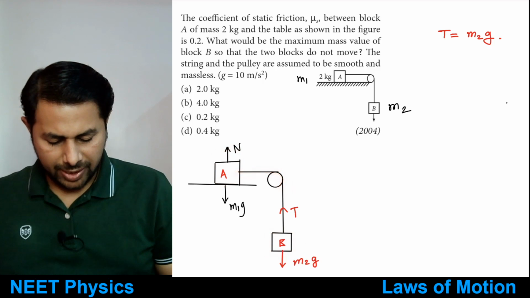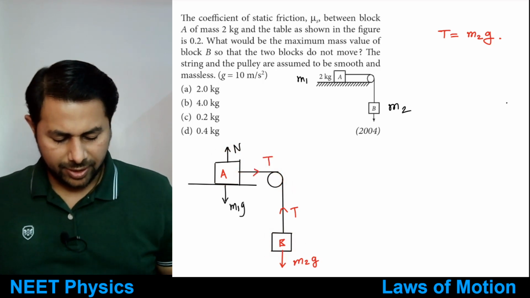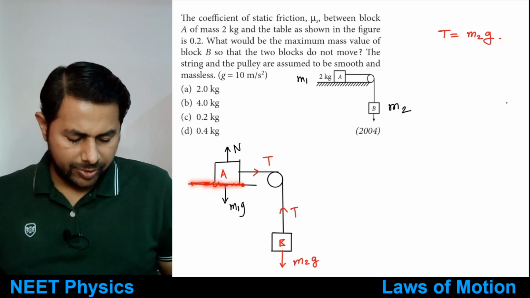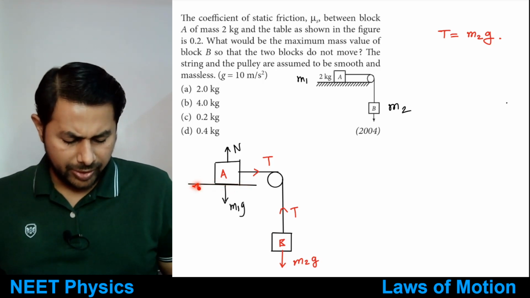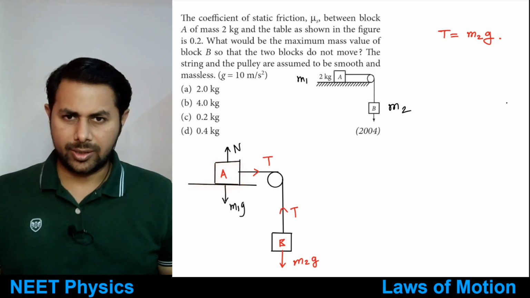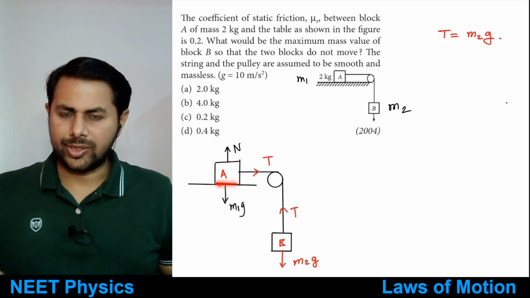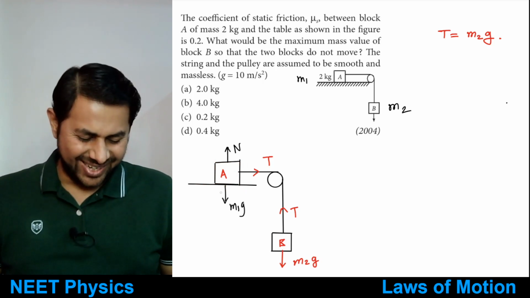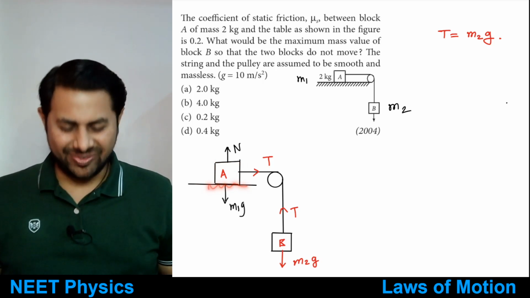So the tension will act in this direction, tension is T, but then there is some friction between the table and this block. Okay, table and the block surface, there is some friction between them, not tension, friction between them. So because of that, what will happen?